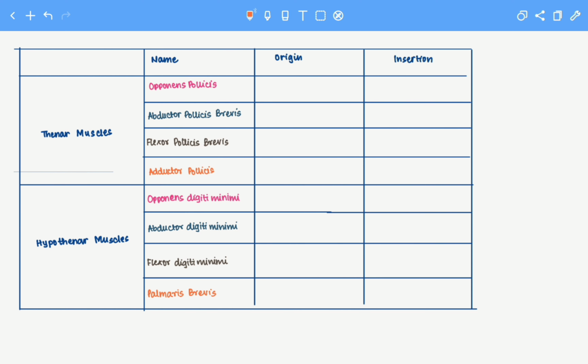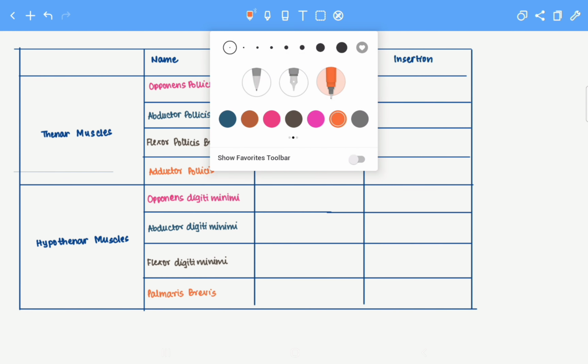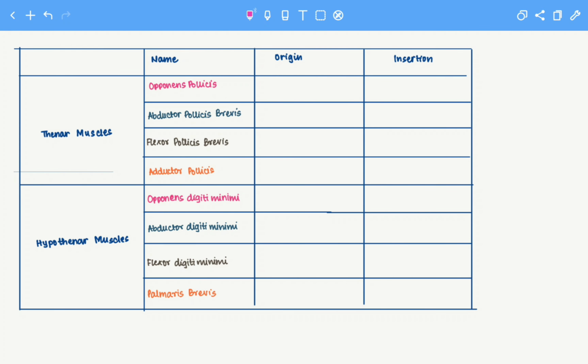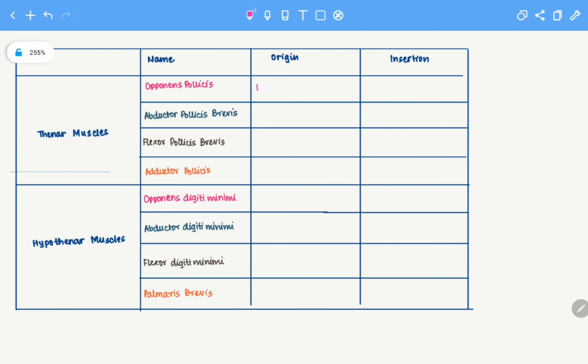So now that we're done with the naming of the thenar and hypothenar muscles and we've seen a similarity in their names, there's one more similarity that we must note. Each one of them will originate from the flexor retinaculum except one of the thenar and one of the hypothenar. So for the origin, let's write flexor retinaculum in each of them.